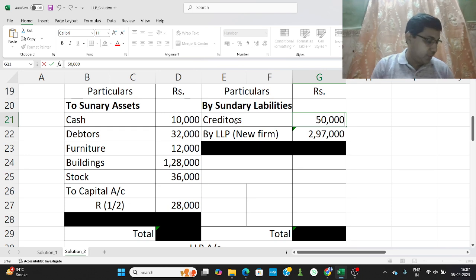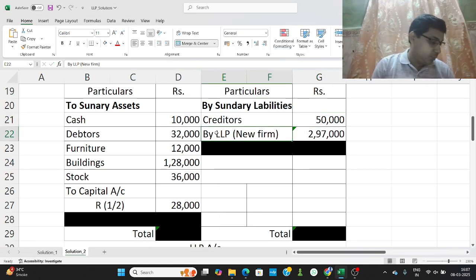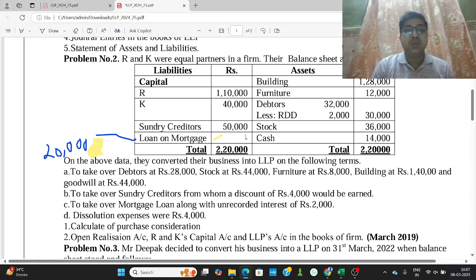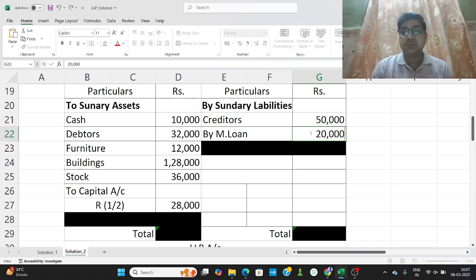So we recorded the liability 50,000. Then after that, one more liability is a mortgage loan. We also have to record the value of the mortgage loan, which is 20,000. So we should record the 20,000 also, the total.